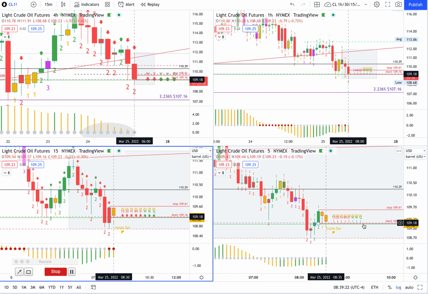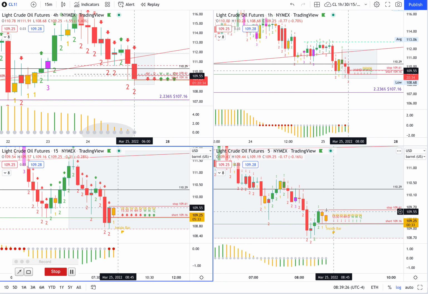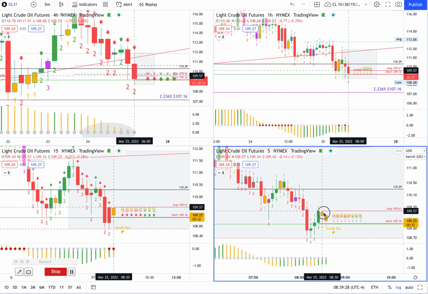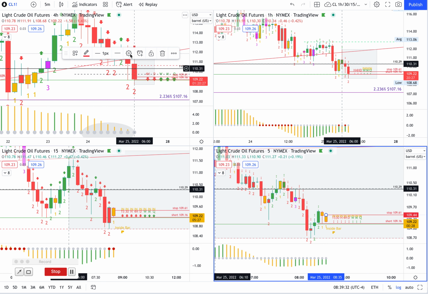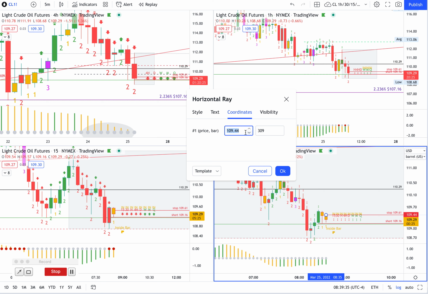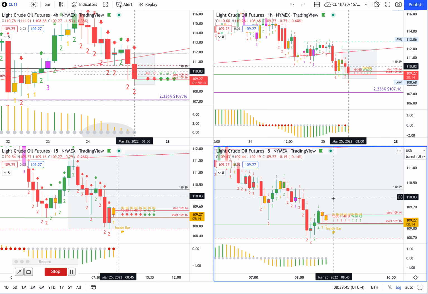But if this breaks 109, I would put my short order at 109.15. And then my stop, I would have to move it. I would put my stop at the top of that inside candle, which is 109.44. And the thing I like about strat is if you have a bias and there's some momentum, when you take the entry, you can have a tight stop.